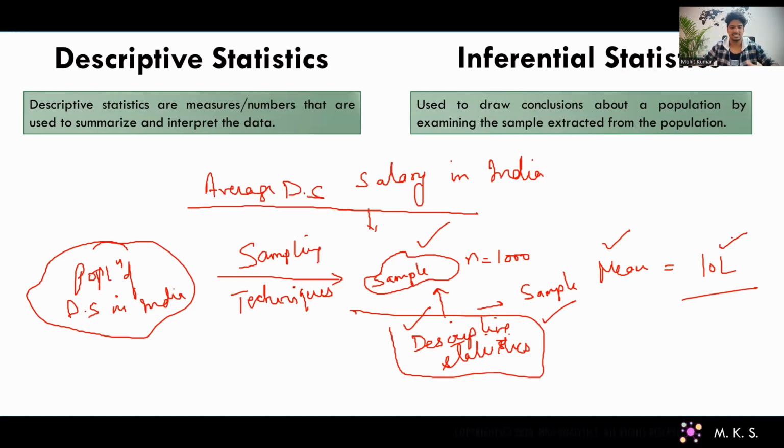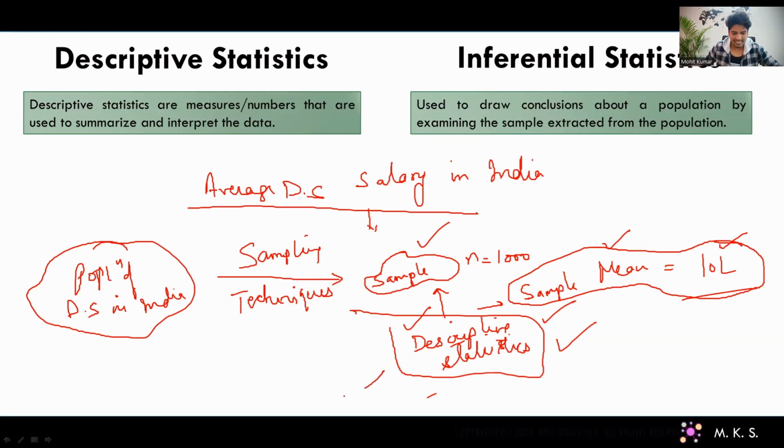So this is our descriptive statistics. In descriptive statistics, whatever data you have, whether you are working with a sample or a population, you have to summarize it using different numbers. Once you have done this, the second step in this process is to infer from the sample mean to the population, guys.